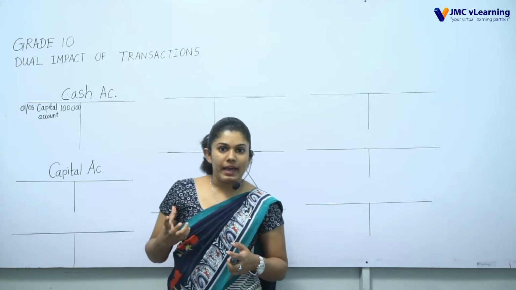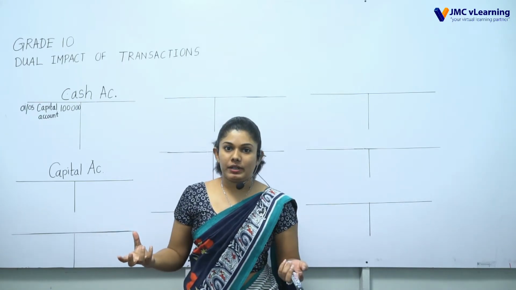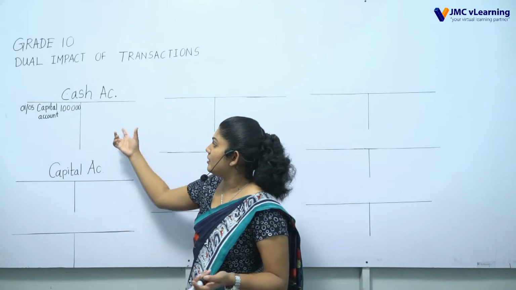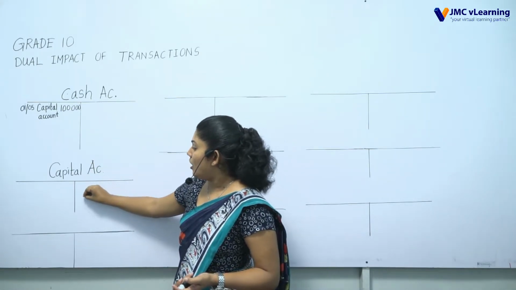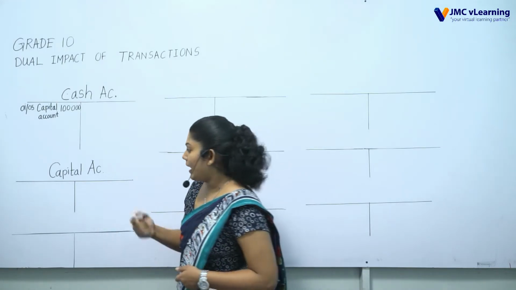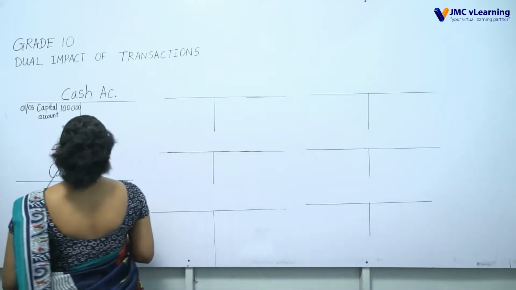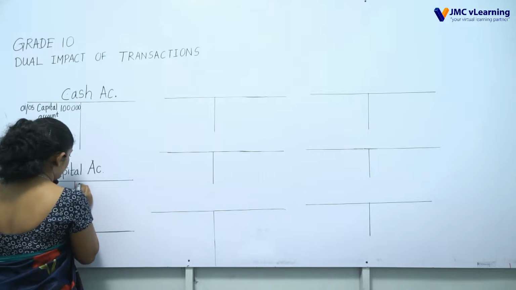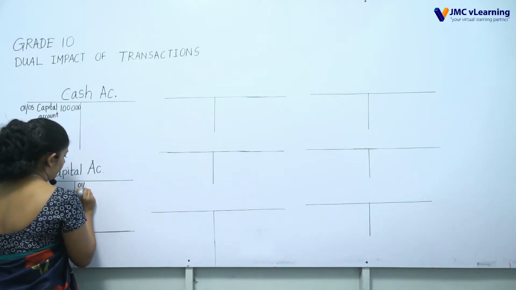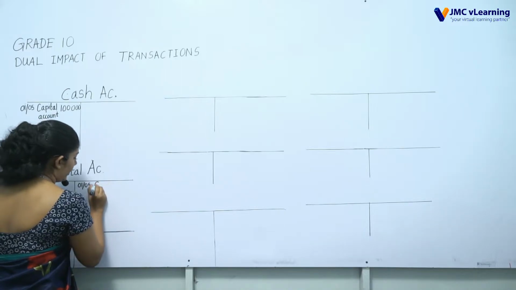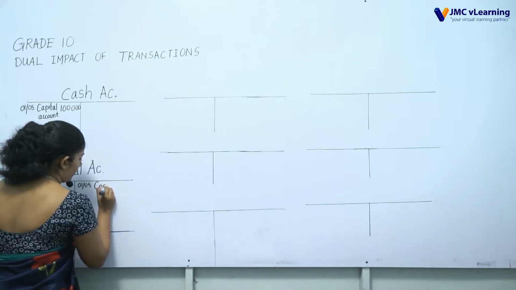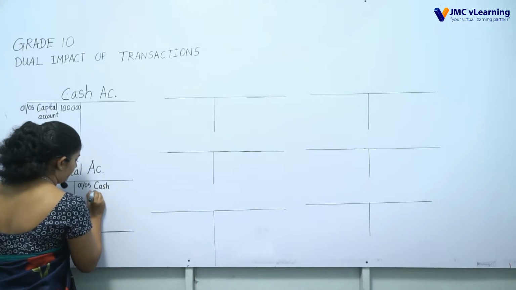There are two impacts, one for cash account, one for capital account. Now, we have already recorded the cash account, and now we have to move on to the capital account and record it. Just like the cash account. 1st of May, the other entry is in cash account.